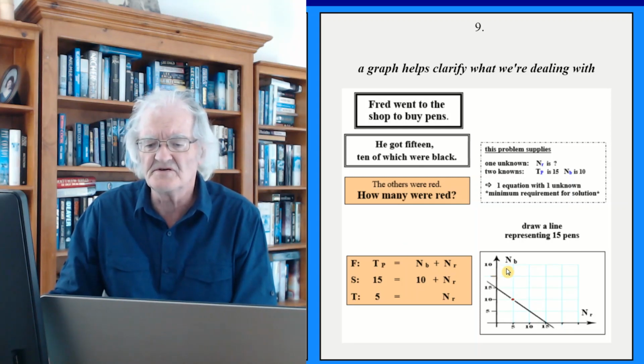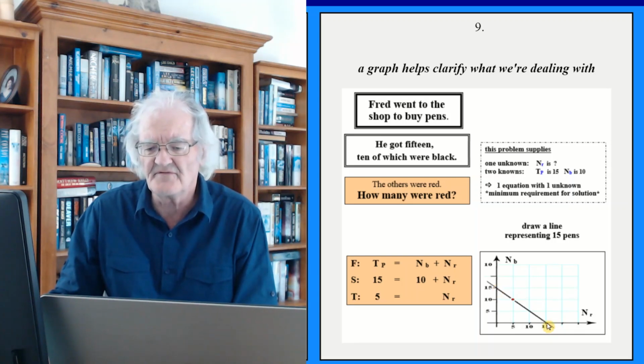Notice that I've used the number of black and the number of red as the axis labels. We know the total is 15 pens, so the line is going to represent 15 pens. This point on the line represents 15 black and no red.